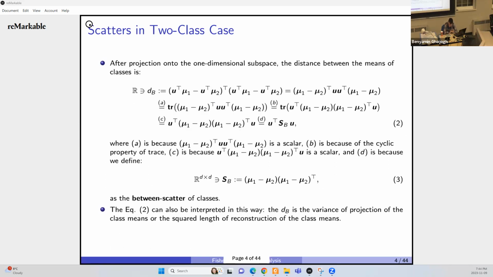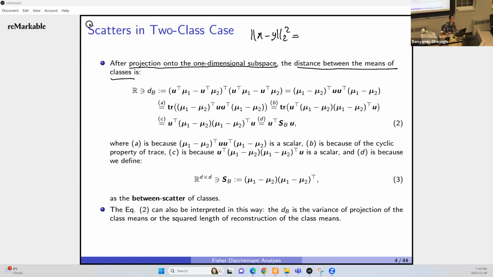Now, I want to calculate the distance between the means of the classes after projection onto the one-dimensional subspace. Do you remember the Euclidean distance?